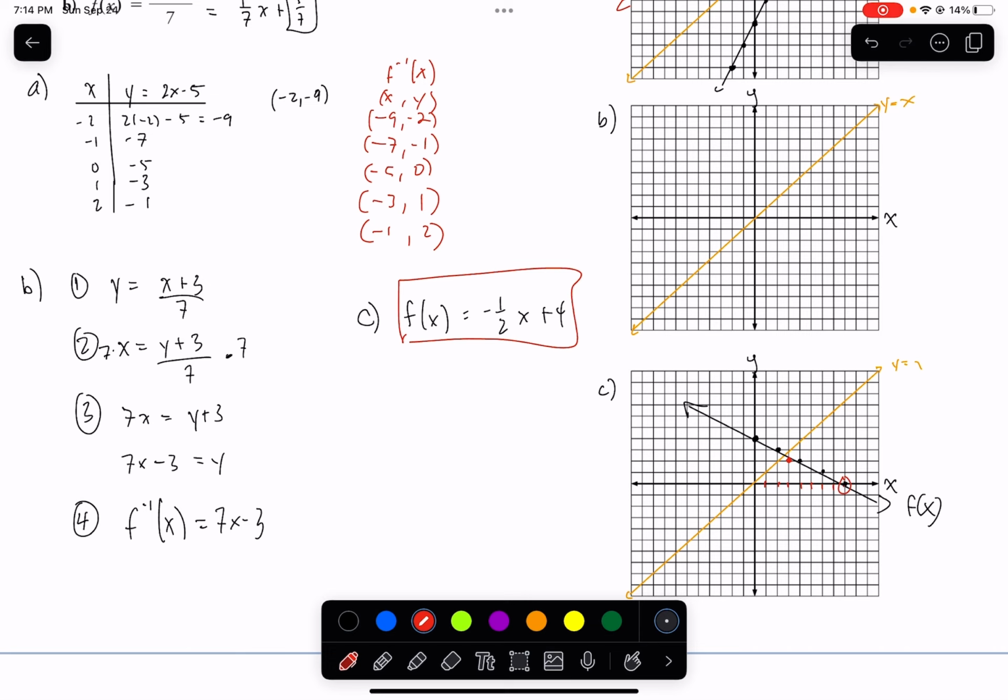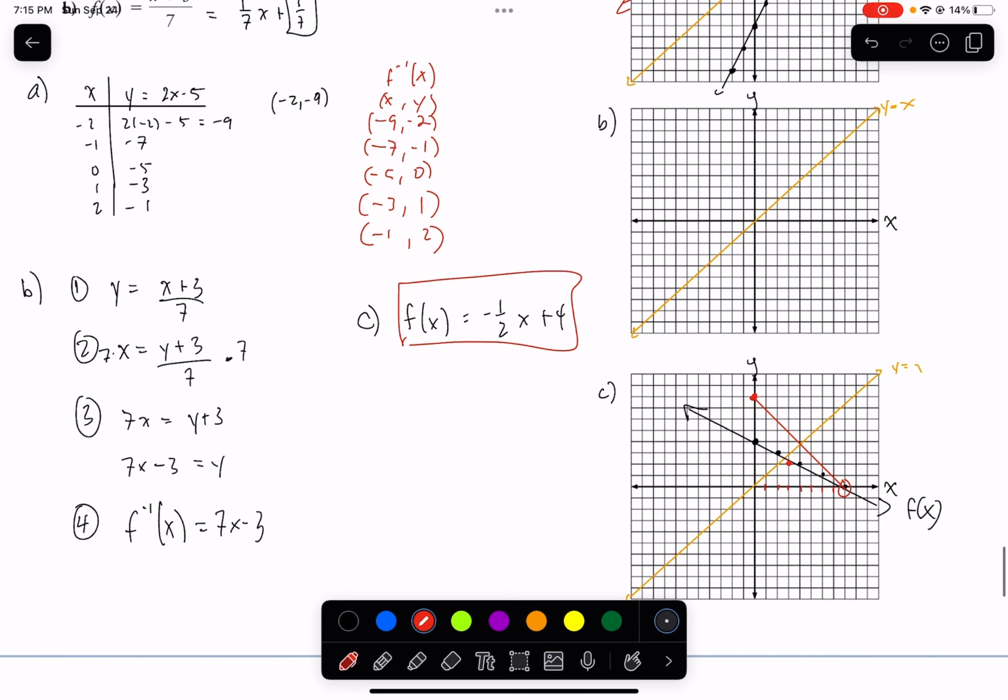That is going to go up to 0, 8, which would be a direct reflection perpendicular to that orange line, right? So right up to here, if I'm not mistaken. If I count that, that should be 8. 1, 2, 3, 4, 5, 6, 7, 8.